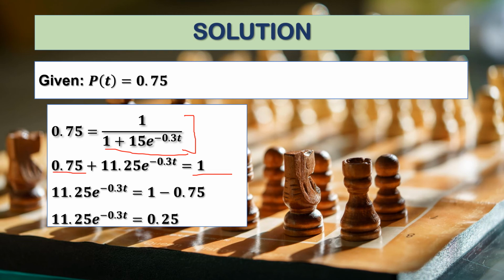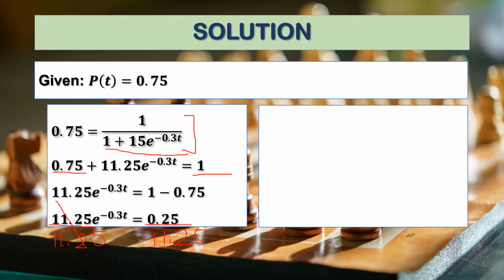So, divide both sides by 11.25. And then, what we have now is e raised to negative 0.3t is equal to 0.25 over 11.25.